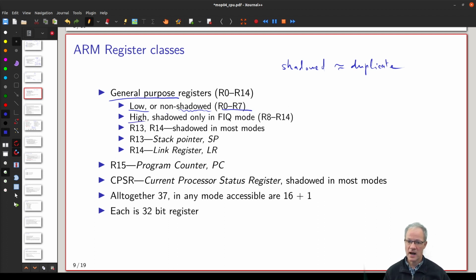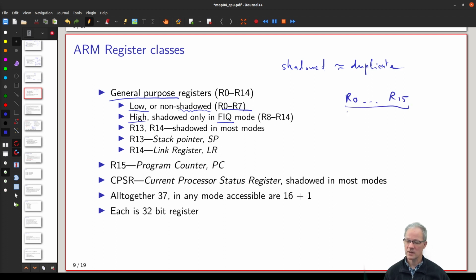Then you could have the high registers that are only shadowed in so-called fast interrupt mode. FIQ, that's what it stands for. Those are the R8 to R14. So I should say that we're going to talk about the registers that go from R0 till R15.